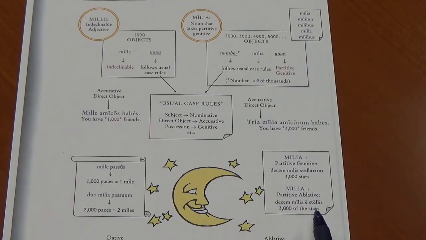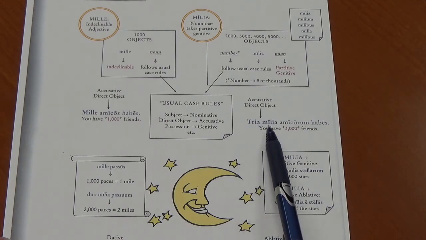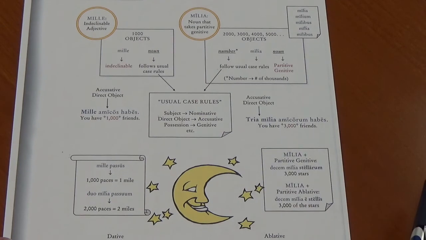It gives us a good example here, right? Accusative direct object, tria milia amicorum habes. You have 3,000 friends. Partitive genitive is used to describe the part of a whole. Decem milia stellarum, 10,000 stars. We drop that of in English.